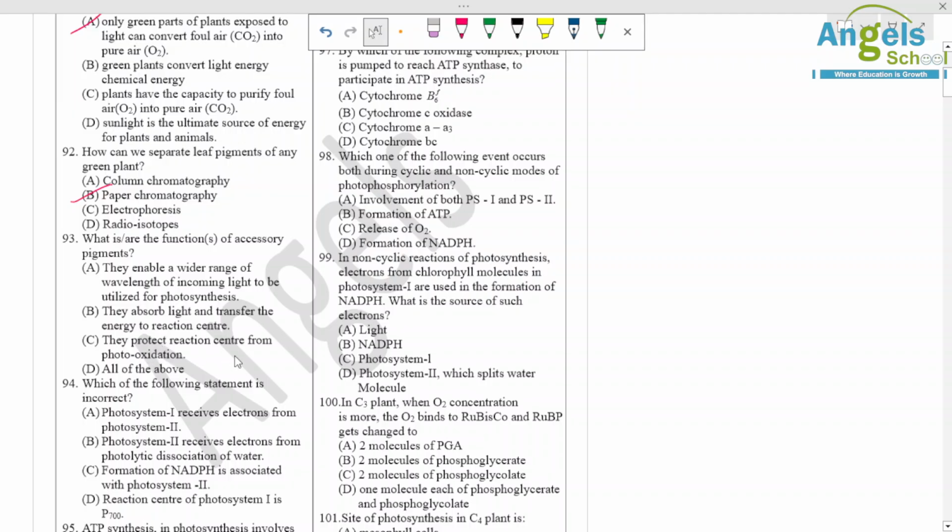They protect reaction center from photooxidation. And option D is all of the above. So these all are the functions of accessory pigments. They are wide in range, they absorb light, and they protect the reaction center from photooxidation. So option D is the correct option.